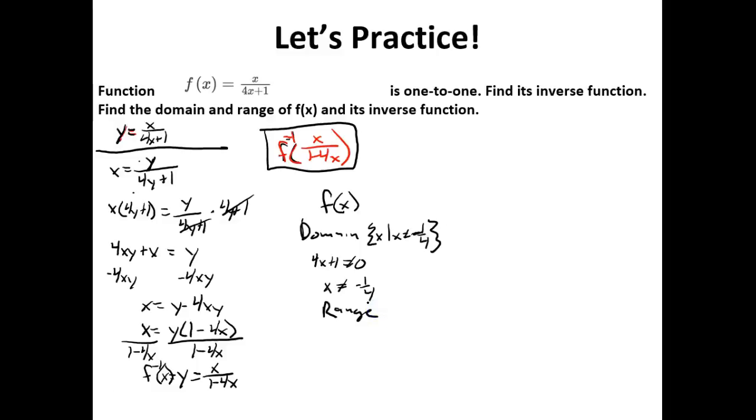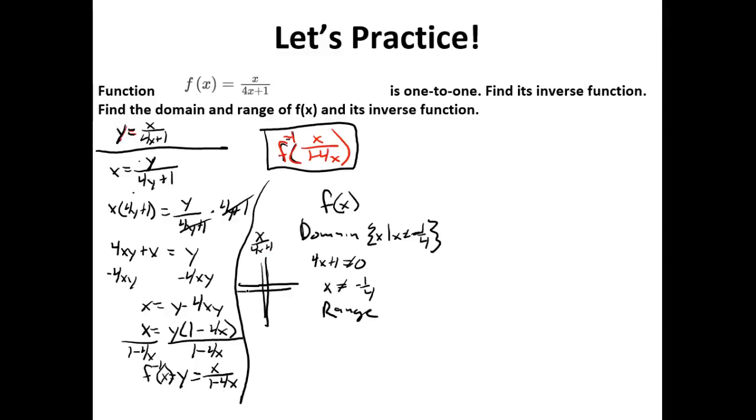if I think about what's going on graphically here, this function, x over 4x plus 1, has the 1/4, so it's got a horizontal asymptote at 1/4. It has a vertical asymptote at -1/4.